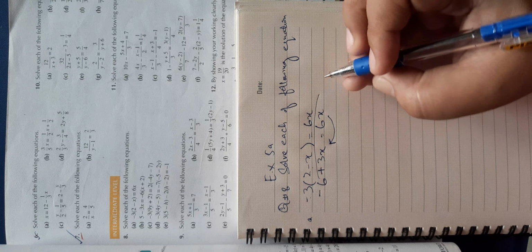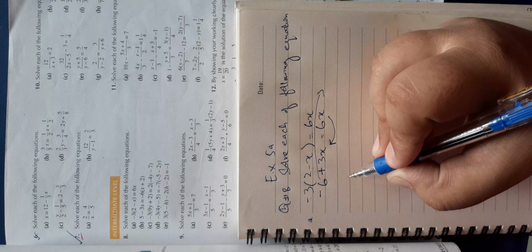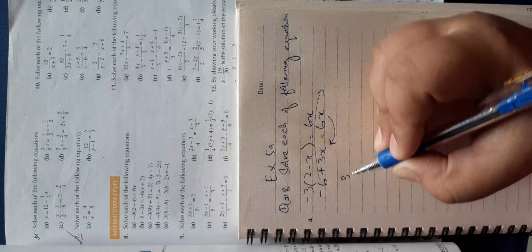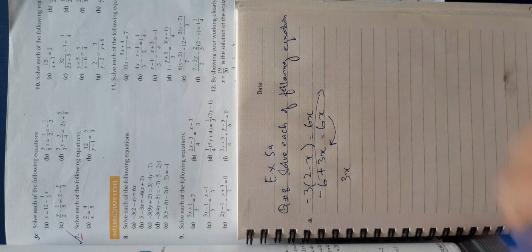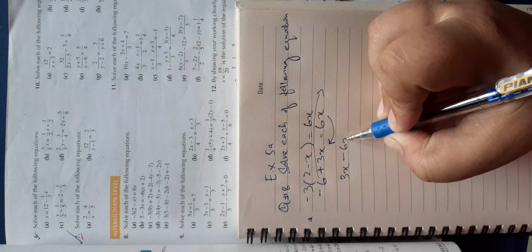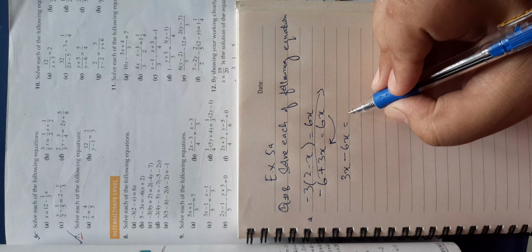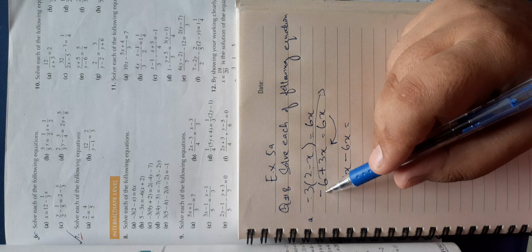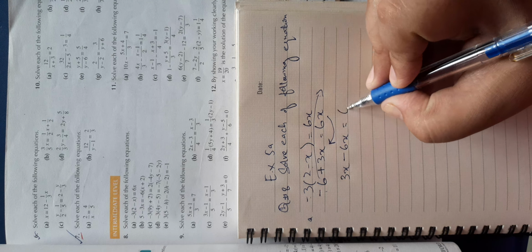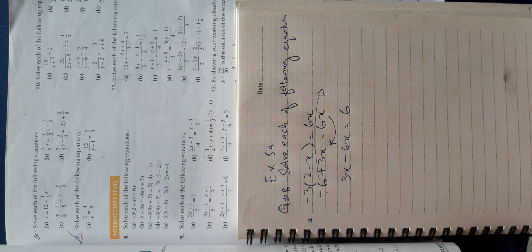When the numbers or the variables move to the other side of the equality, their sign will change. Here it's plus 6x, so it will be minus 6x, equals to. There is only one constant, minus 6, and it will come here as 6 plus 6.